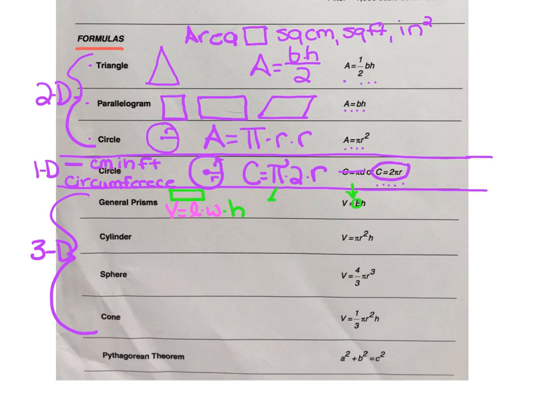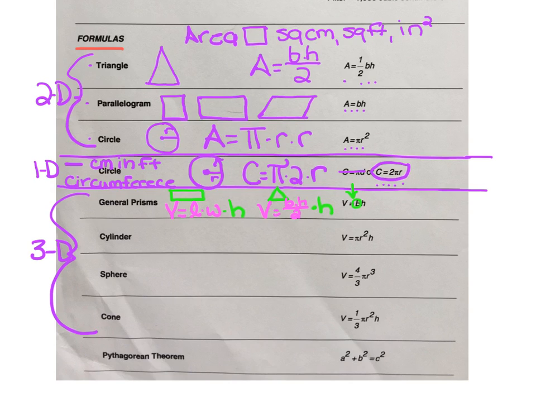If we have a triangular base, we're going to use volume equals base times height divided by 2 in place of big B. And of course, H is part of the formula.